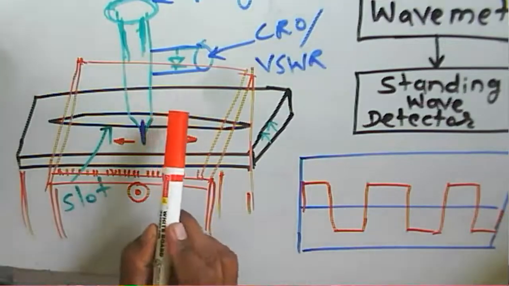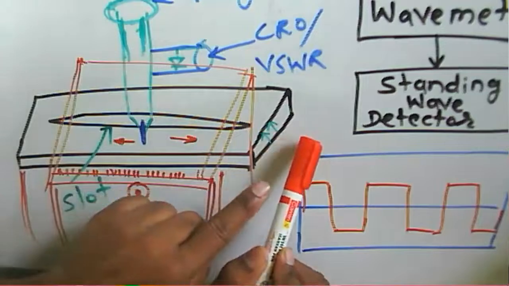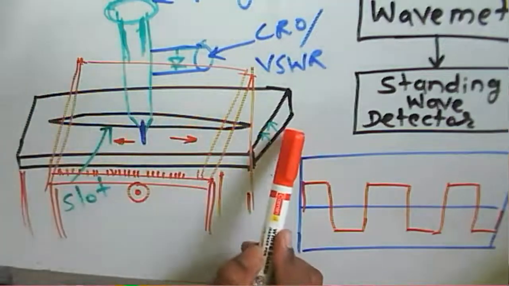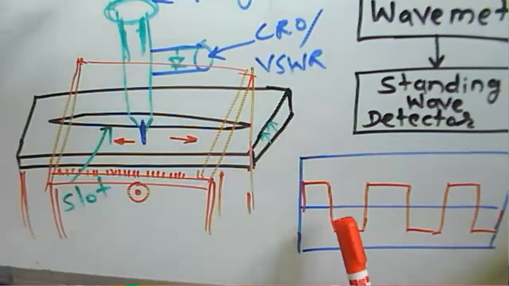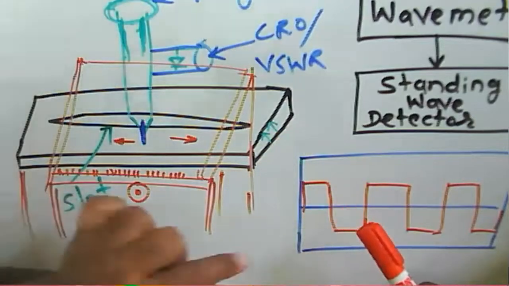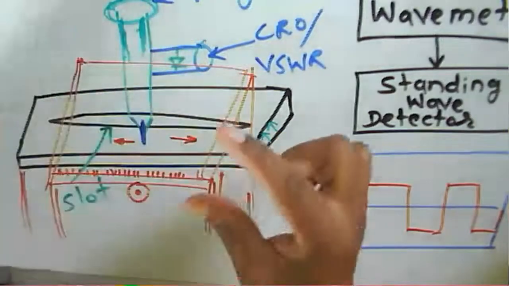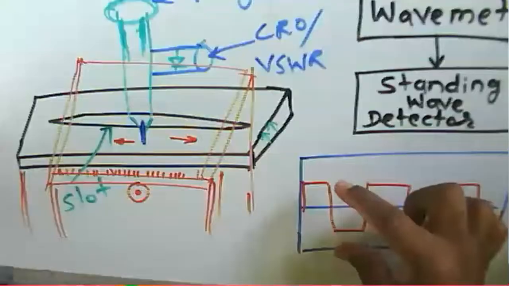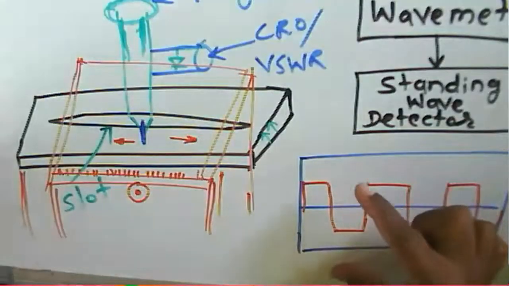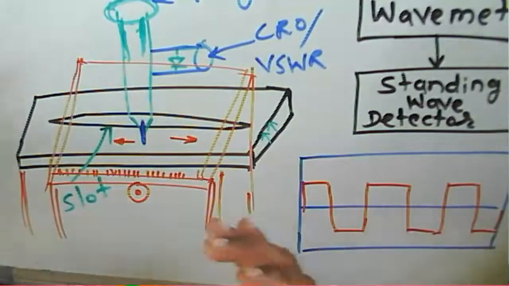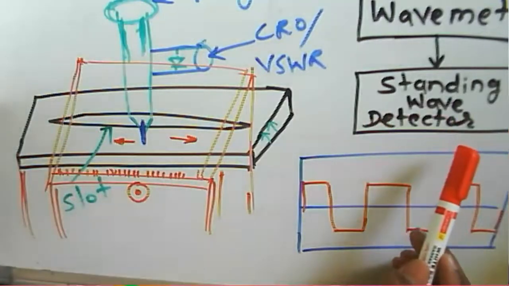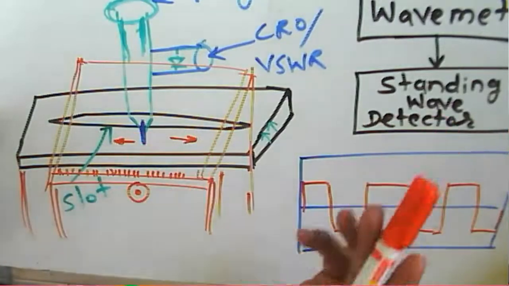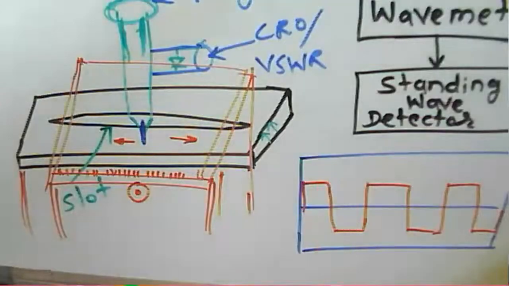Now when we rotate toward this end, toward the load or toward the generator, this one is the load now and this one is the source now. When a dip occurs, we say the peak to peak amplitude decreases, or the peak to peak amplitude increases. This slotted section, or standing wave detector, is used to measure the standing wave signal, the maxima or minima of your standing wave signal.